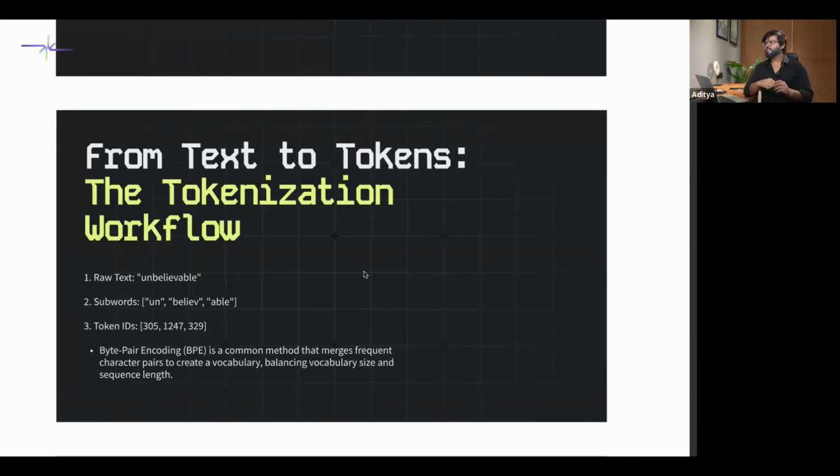In the tokenization process, raw text gets converted to subwords, which get converted to token IDs. For example, unbelievable can be split into subwords. This is called byte pair encoding, BPE.